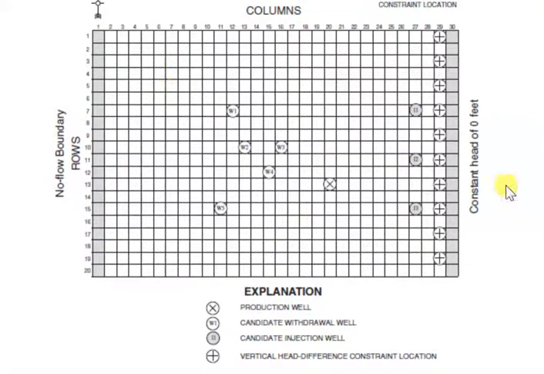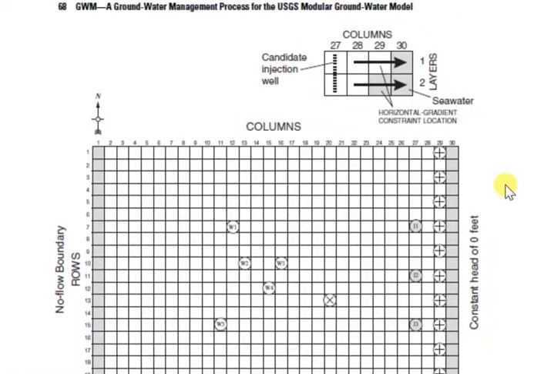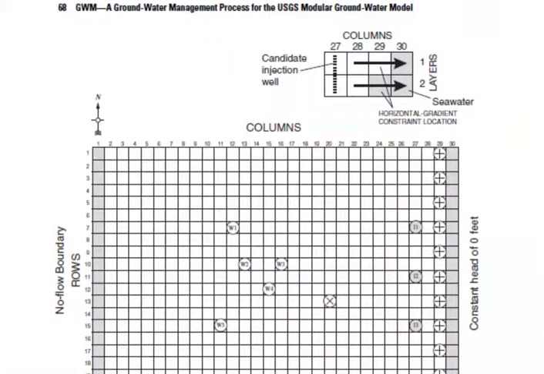The system is modeled as a single phase, just the fresh water, and the salt water is represented through the boundary conditions. This is now a cross section of the 2 layers. So in column 30 there are specified head conditions in both layers, and also in column 29 in the second layer, thus representing the saltwater wedge.